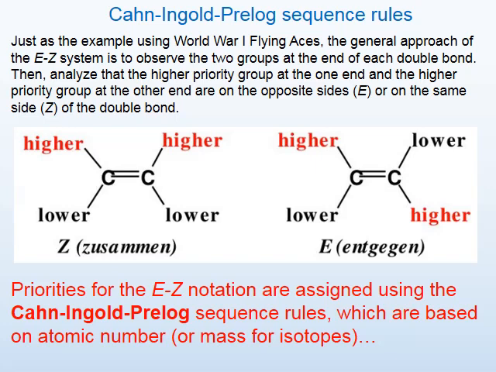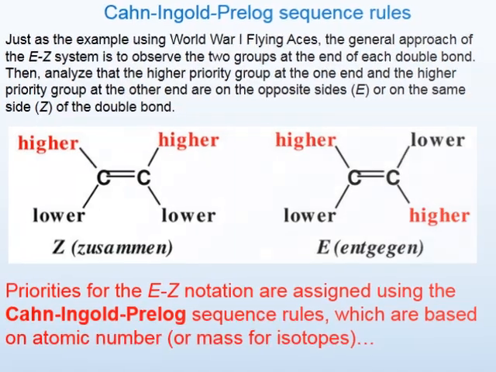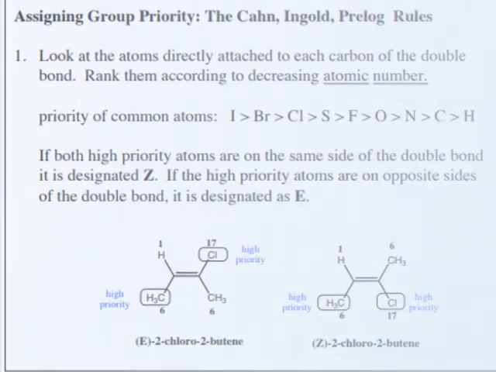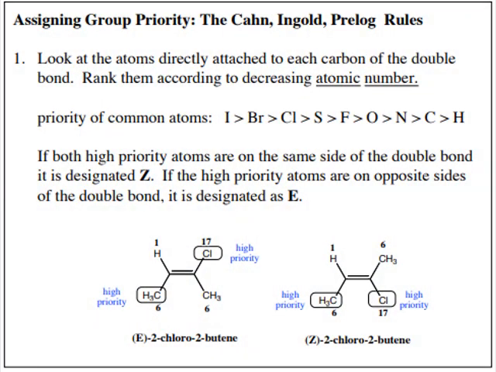Priorities for the E-Z notation are assigned using the Cahn-Ingold-Prelog sequence rules, which are based on atomic number. If isotopes are present, the heaviest isotope is assigned the higher rank. To assign ranks using the Cahn-Ingold-Prelog sequence rules, look at the atoms directly attached to the double bond and rank them according to decreasing atomic number.